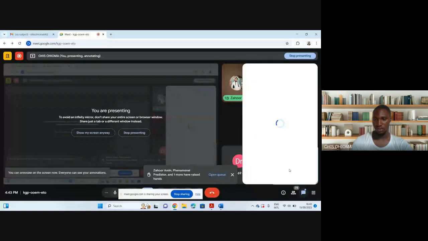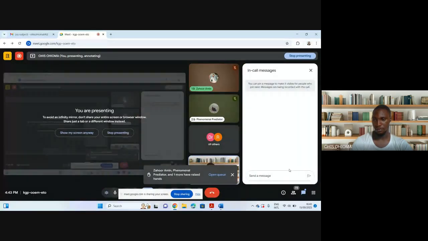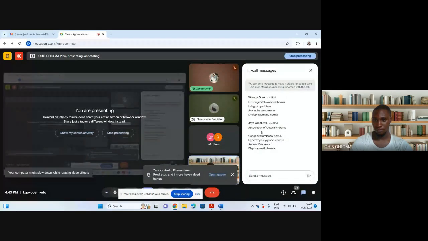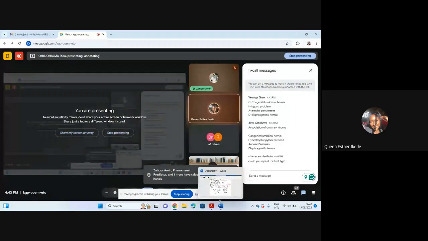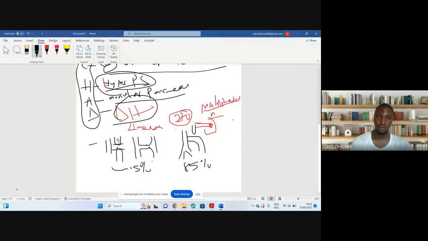Someone put a question up. Okay, great. Sir, please, what's the name of the first type and the third type? Okay, so this here is just esophageal atresia without involvement of the respiratory tract. This is the H type.